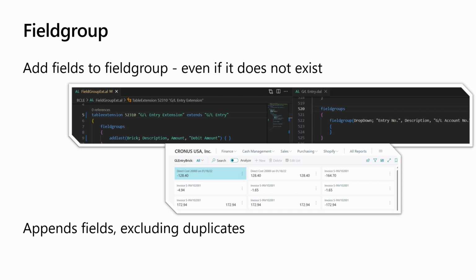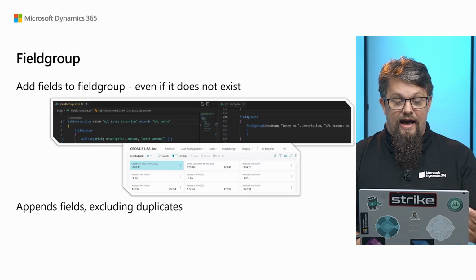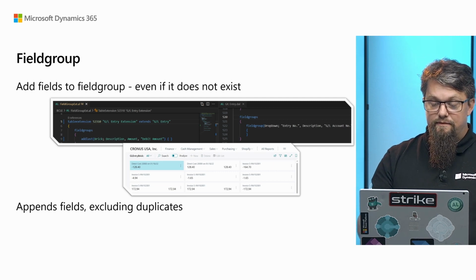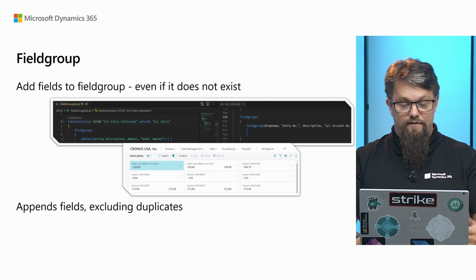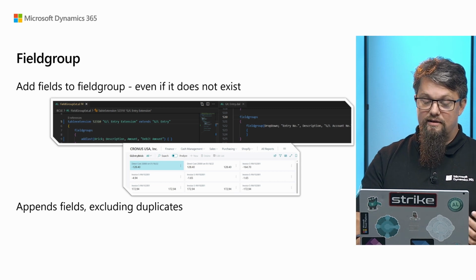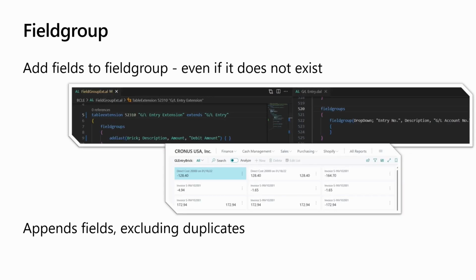Now we've made it possible for you to add fields to a field group that doesn't exist, thereby enabling this scenario where we want to add a field group for bricks so you can show your GL entries in a nice way. The add last continues to append fields either to an empty field group or to the existing field group, and it continues to exclude duplicates. So if two extensions are adding the same field, the field will only appear once.